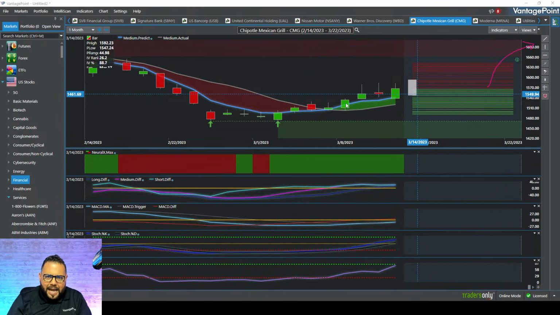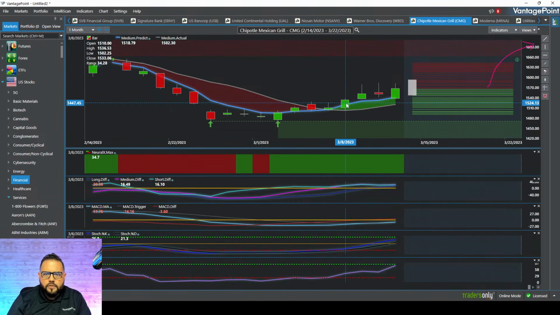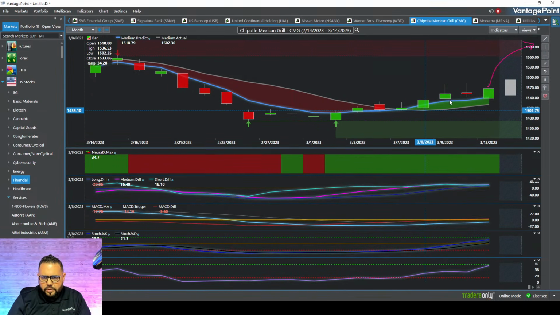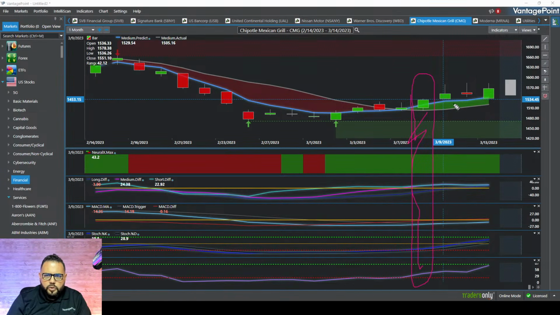But again, the ideal opportune time using this forecasted information was 3/8, this day right here. So the real key to utilizing this information, in case you're wondering, is right after that crossover there's a great opportunity. That's this day, which means you're executing on this day and you're taking advantage of the bullish trend that's going in CMG as we speak.